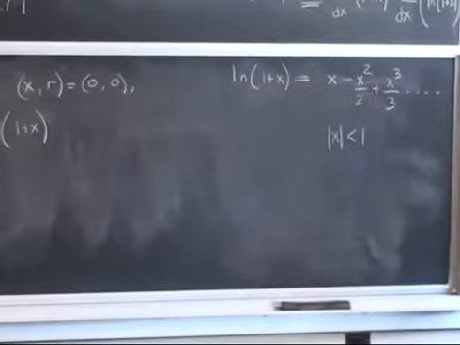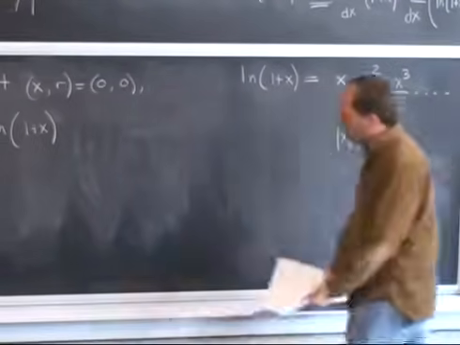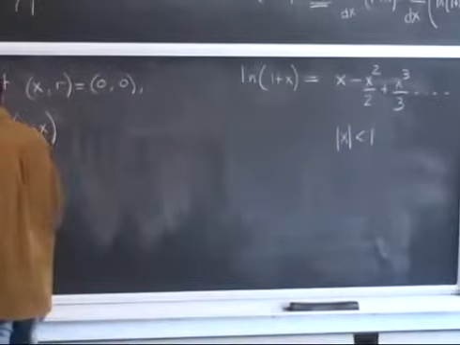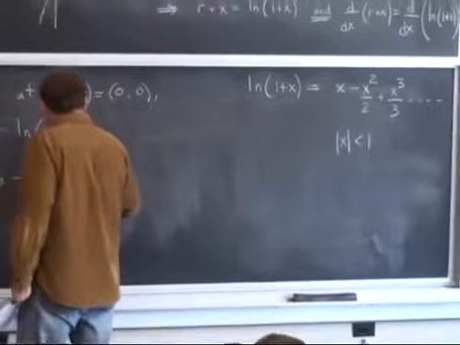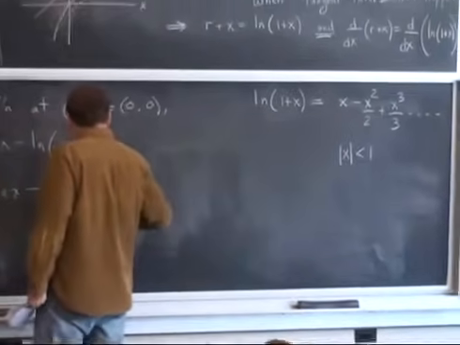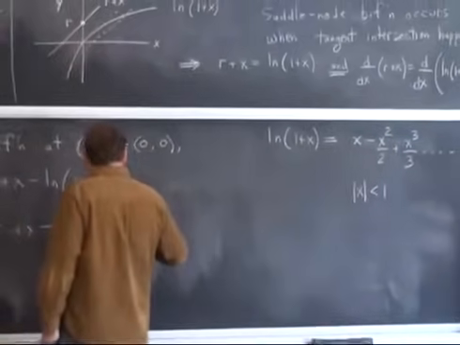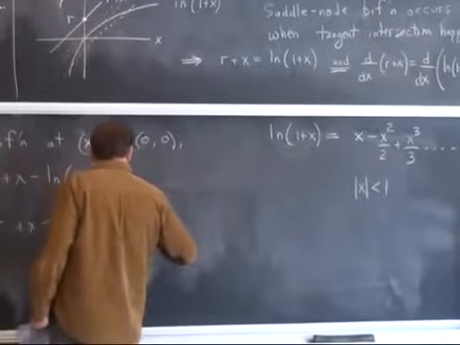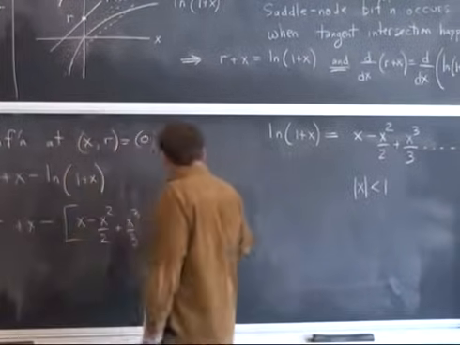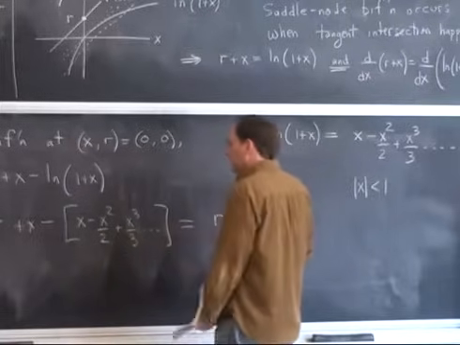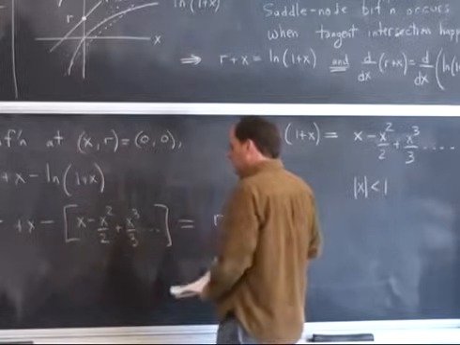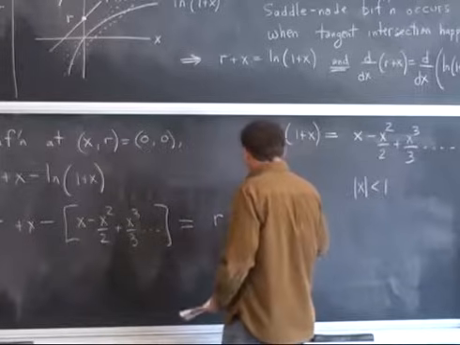Okay, and so if we just think about very small x, then this is behaving like r plus x minus, and then using this expansion, x minus x squared over 2 plus x cubed over 3, etc., which simplifies to, notice the x's cancel out, and I get r plus x squared over 2.